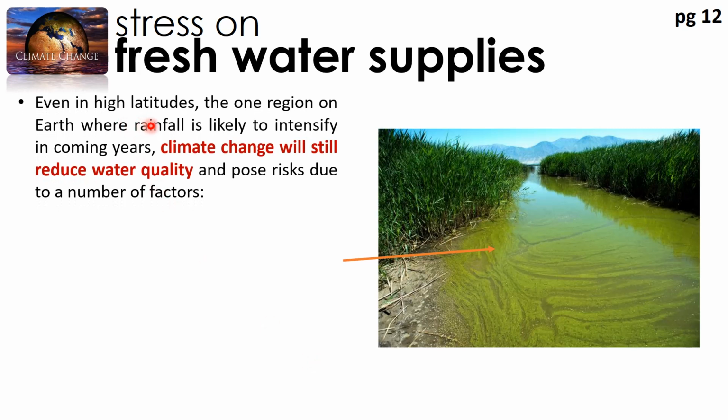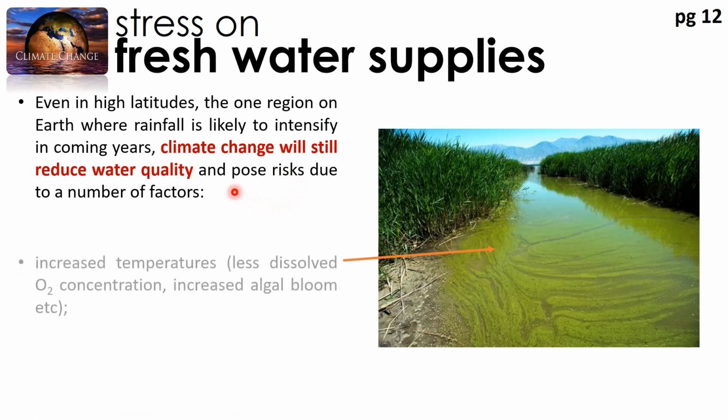Now, there are some predictions that rainfall in high latitudes will intensify in the coming years. However, this does not necessarily translate to good water quality. In fact, it is projected that climate change will reduce the water quality in these areas. Why?